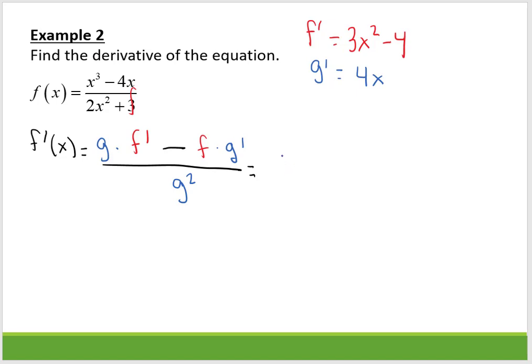So from here, you have your g of x function. Okay, so my g of x function, I'm going to erase this. I apologize. I couldn't see where my cursor was. So my bottom function is 2x squared plus 3.